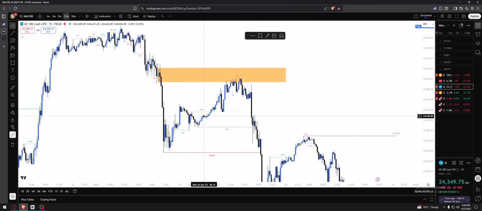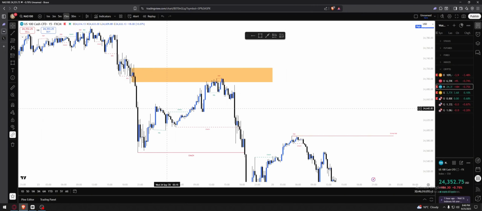A supply zone is formed when institutional traders are selling here. So as you can see, those are engulfing candles, and here we have a gap. So every time they get into the market and they sell with trillions of dollars, every time they sell from a zone, this is our point of interest.